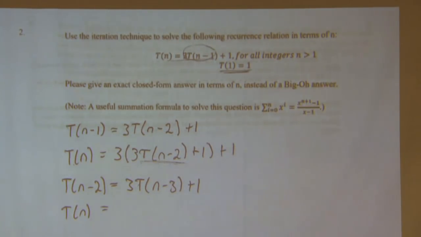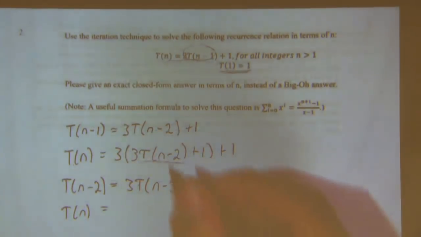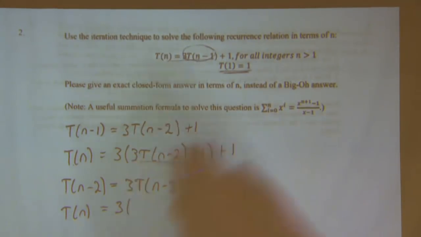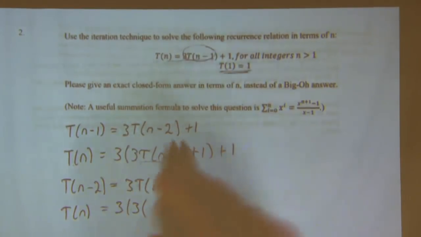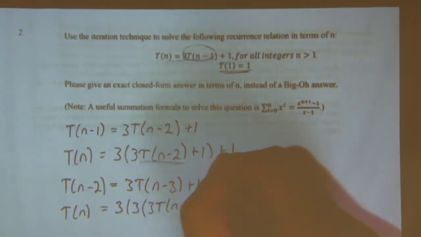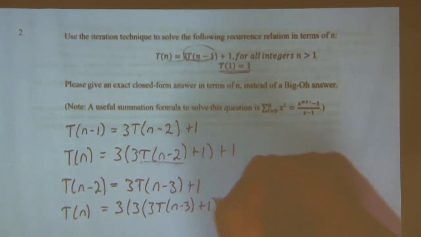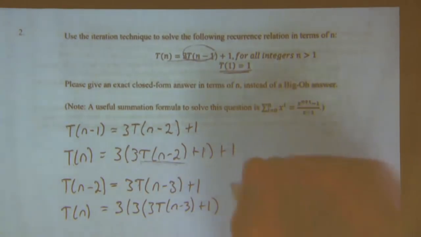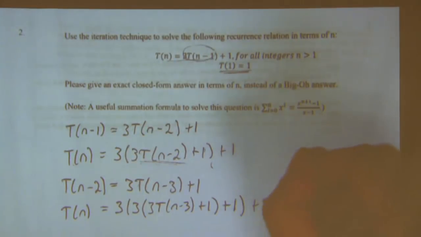And so I tend to leave it expanded and then simplify at the end. So we get a 3 times, and then 3 times, and then the T(n-2) is 3T(n-3) plus 1. And then I have to carry this plus 1 here, and then close the parentheses, and then carry this plus 1 here.